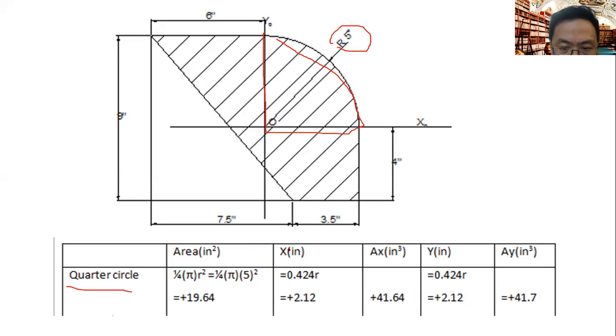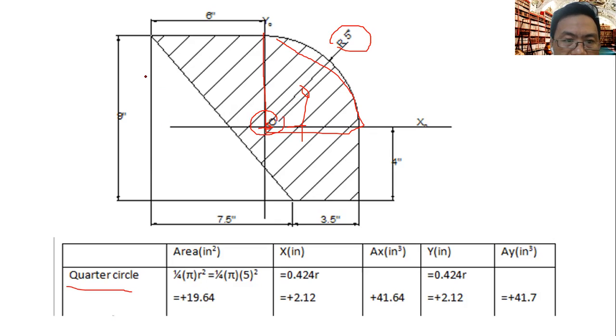How about the centroid x? It's 0.424 r, starting from here. Take note that we are computing the location of the shaded area at this origin 0, 0, so all our reference is coming from here.